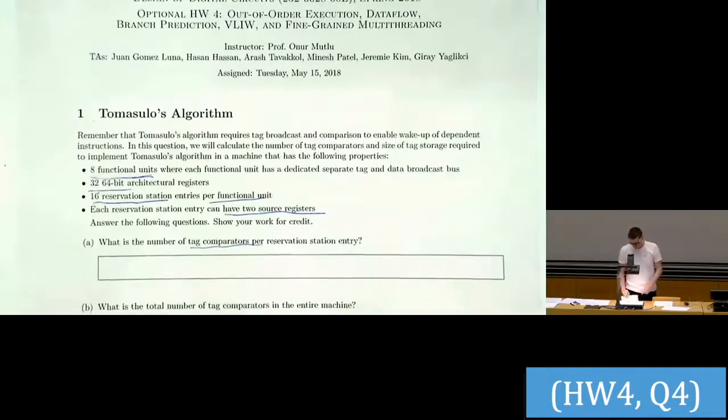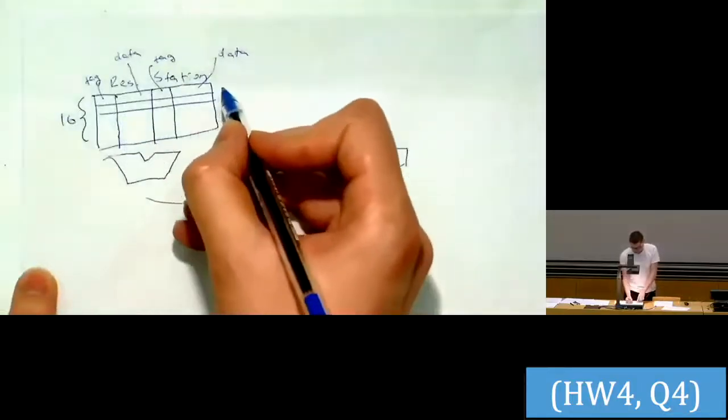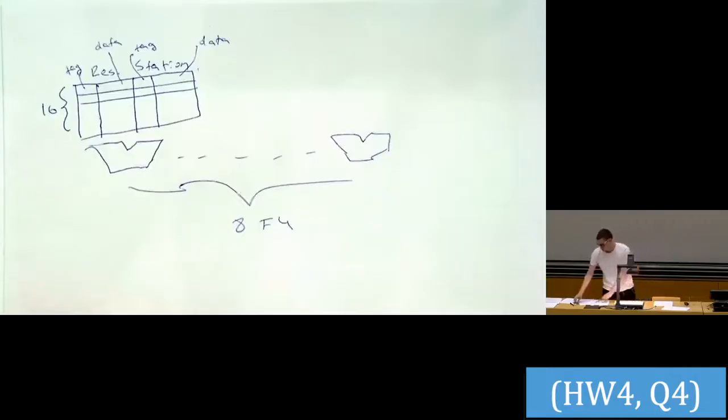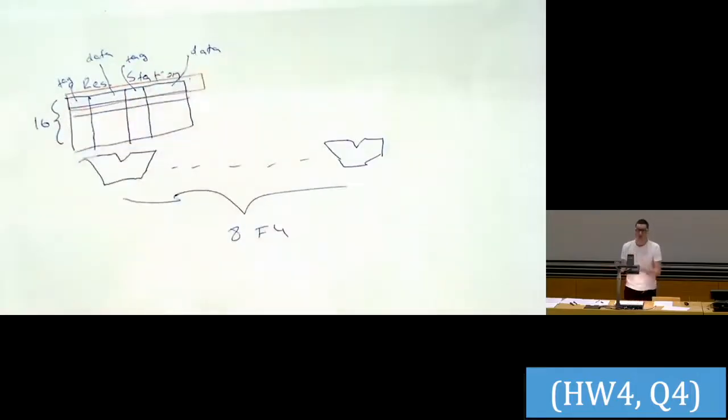So if you go back here, in a single reservation station entry, we have two tags, right? Because we have two source operands. And so we will need a comparator for each tag for each functional unit, right?